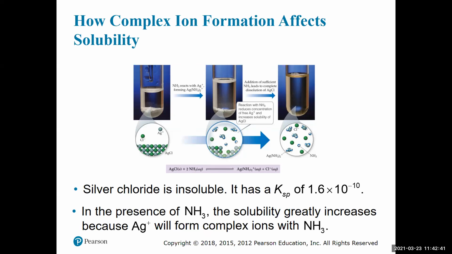So if you were doing a titration and you had a lot of ammonia in there, your titration is not going to work, because this is going to override it and you're going to start forming this silver ammonia complex. In this case, if you didn't want that silver chloride precipitating out, you could add ammonia, make the solution basic, and get this ammonia complex forming and reduce that precipitate.